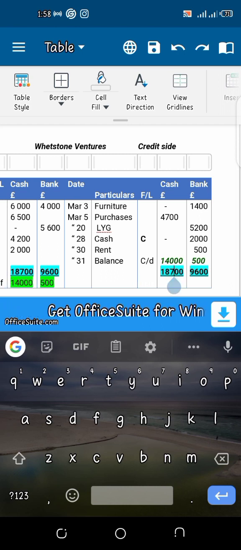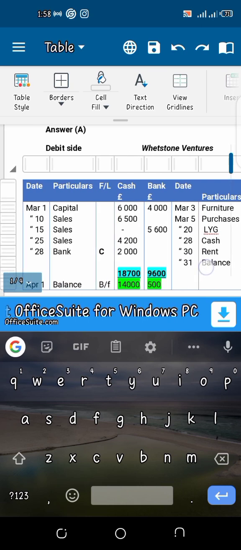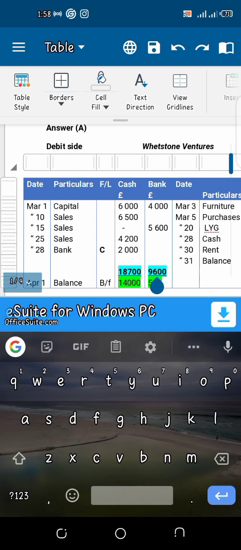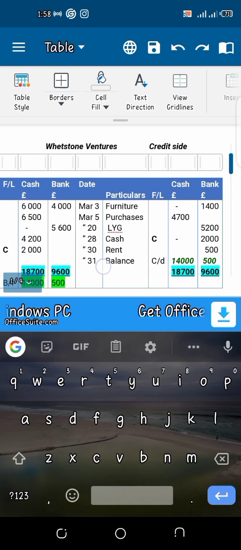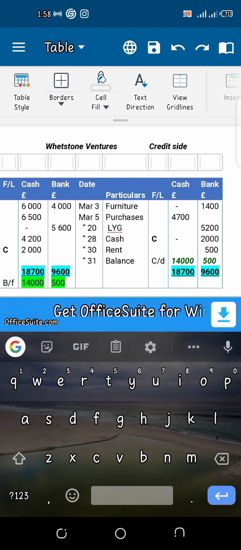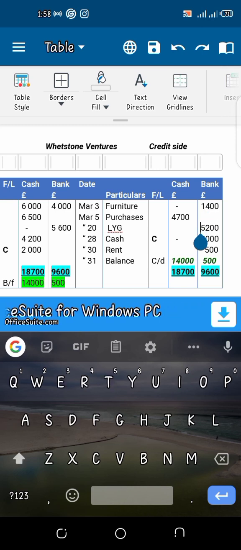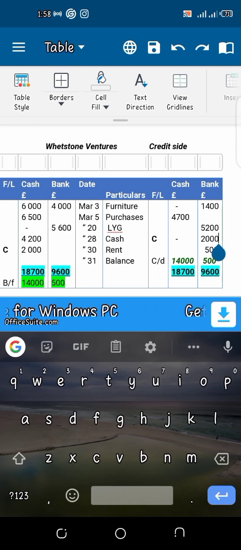Now the same thing applies to the bank column. The bank column at the debit side indicates £9,600. Now the bank column at the credit side, we have 1,400, we have 5,200, we have 2,000, and we have 500.